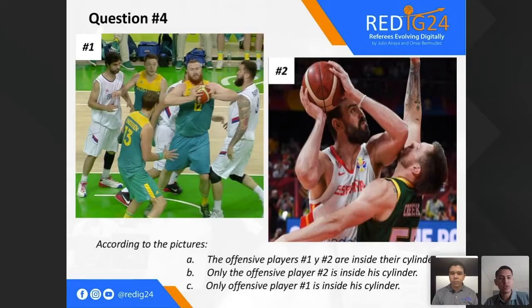Option B, only the offensive player in picture number two is inside the cylinder. Or option C, only the offensive player in picture number one is inside the cylinder. You have the three options on the poll, so you can choose one of them. We'll explain these examples after this.